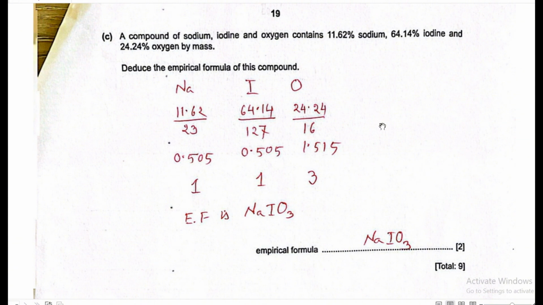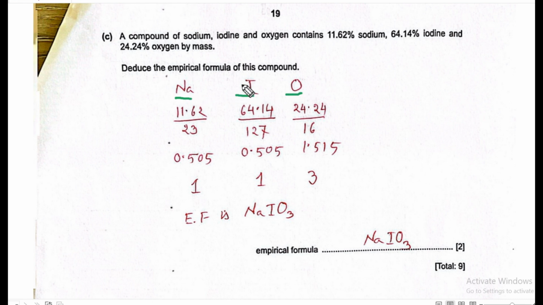Now a compound of sodium, iodine and oxygen contains 11.62% sodium, 64.14% iodine and 24.24% oxygen by mass. Deduce the empirical formula of this compound. So at first you write sodium, iodine, oxygen.